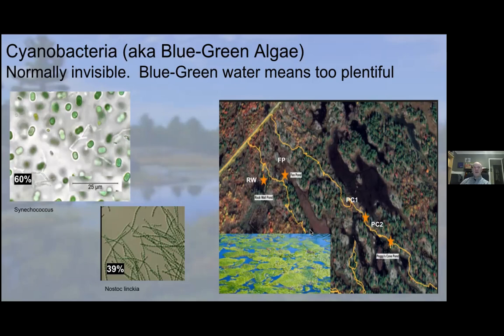Cyanobacteria blooms are very problematic because they produce cyanotoxins, which are fatal to vertebrates. So, even in the region, we've had dogs die from swimming in ponds with cyanobacteria blooms. And we often find our beaches are closed after large rainfalls.